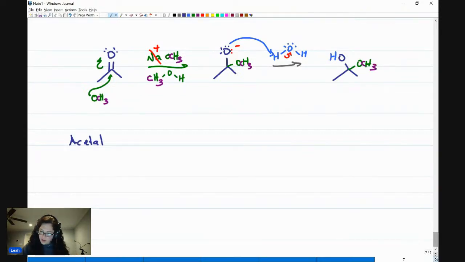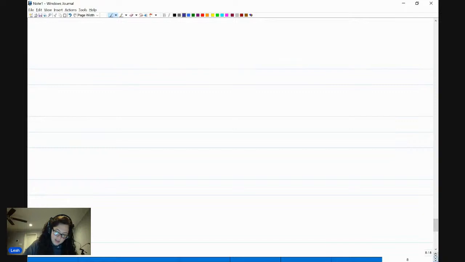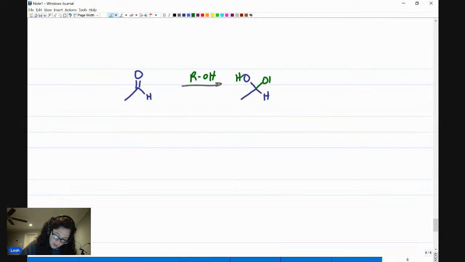Now, professors will kind of teach the acetal, kind of not teach the acetal, but I want to show you something. If I start with an aldehyde and I react it with an alcohol, so pay attention to the colors that I'm using, ROH, that aldehyde is going to react the way I just showed you, where the O gets the H, and then the OR right there gets added.